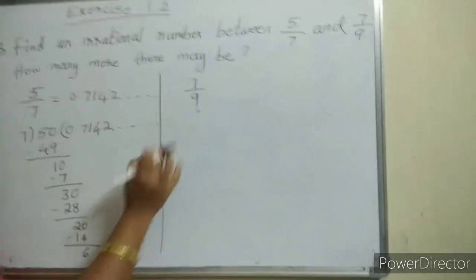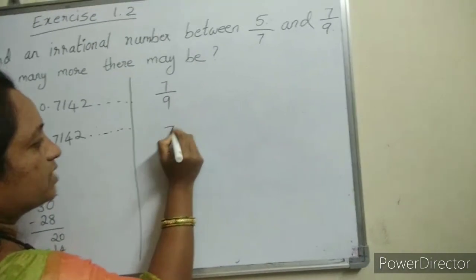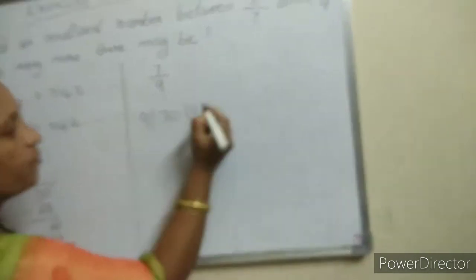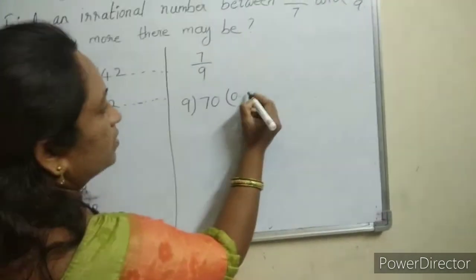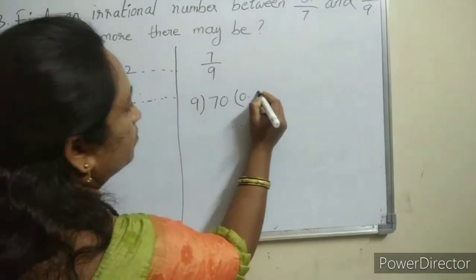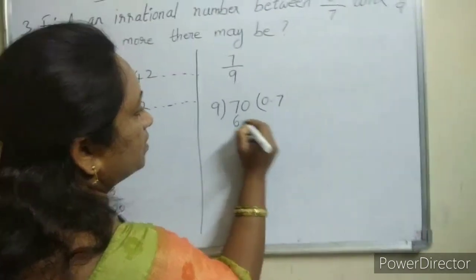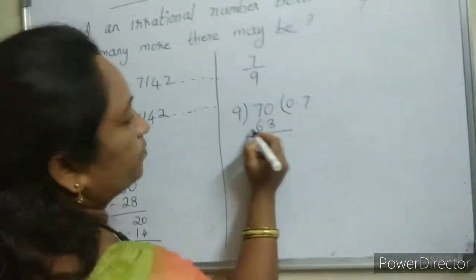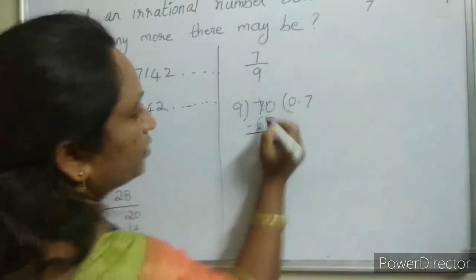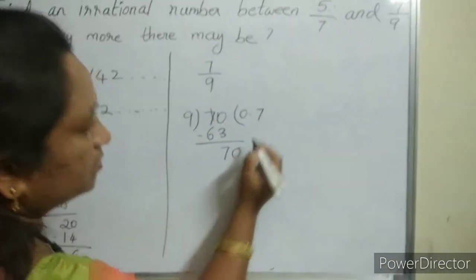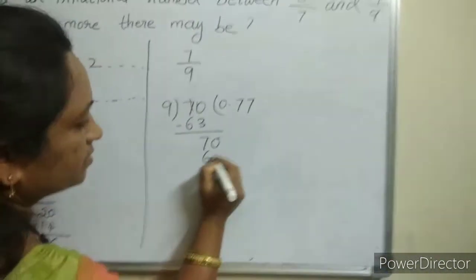Similarly, let us do this second rational number, 7 by 9. Now 7 divided by 9, 0. 9 sevens are 63. Now after subtraction you will get 7. Again 7 times.